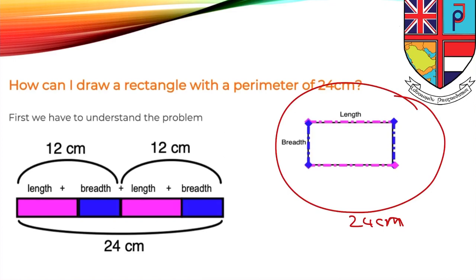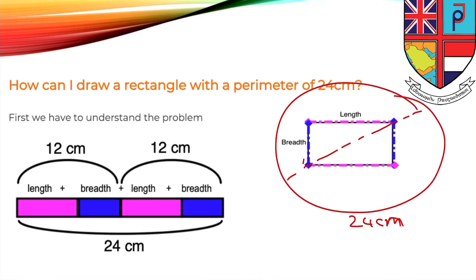So if I was to half this rectangle along the middle, on each side you have one long side and one slightly shorter side. The length is slightly longer than the breadth. And on the other side you also have the same. One slightly longer side and one shorter side. So that's half of the rectangle.